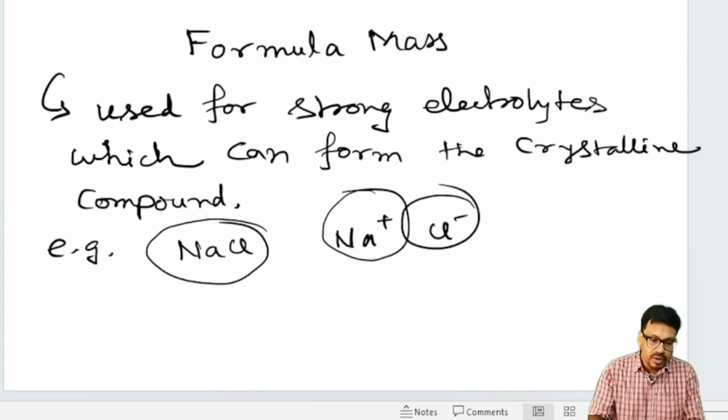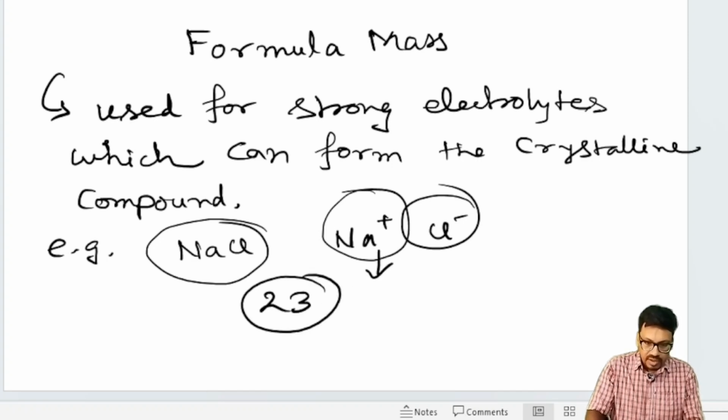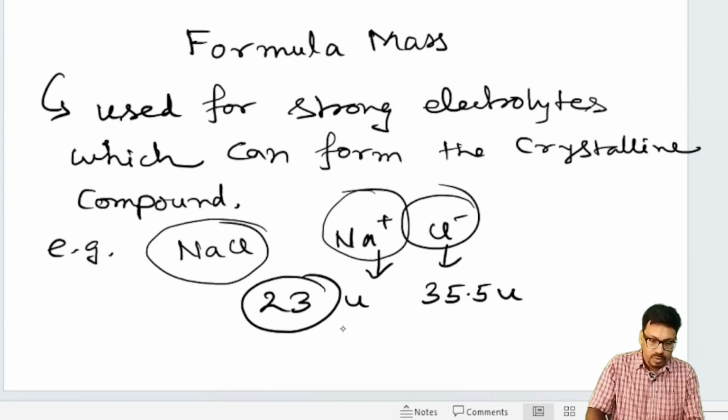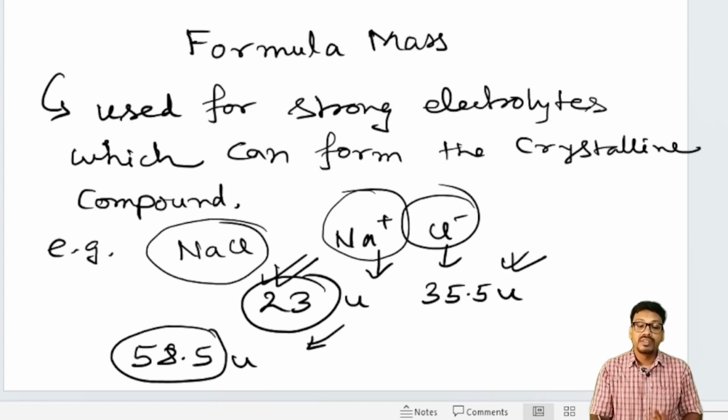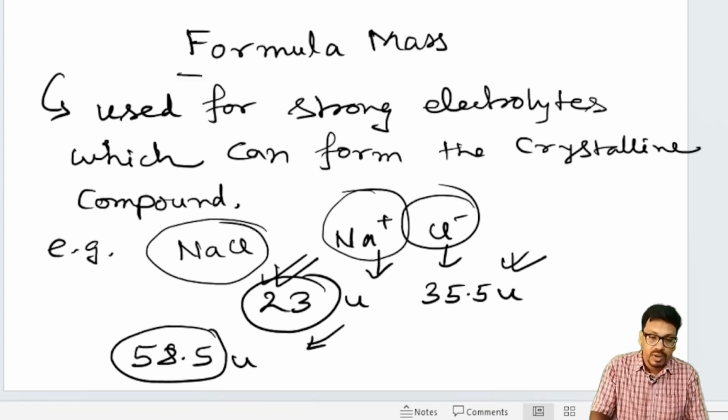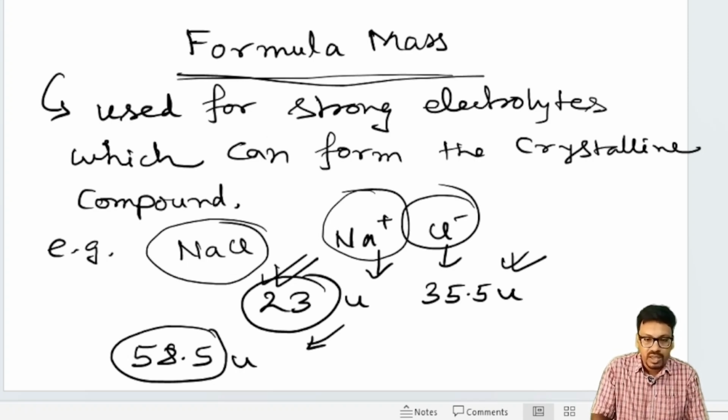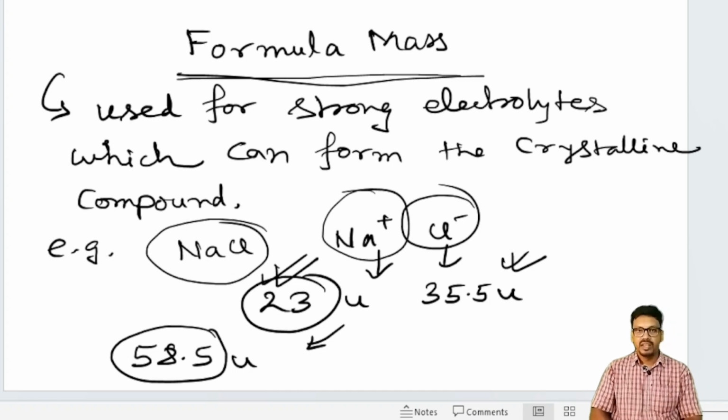Similarly, the formula weight of NaCl is, for the sodium this is 23 U, and for Cl minus this is 35.5 U. So the formula mass of NaCl is 58.5 U. So this is the summation of cation and anion. But we cannot say this is the molecular mass. Okay, this is called the formula mass. Clear?